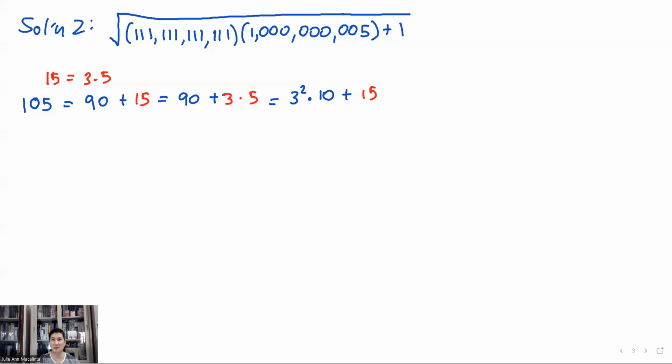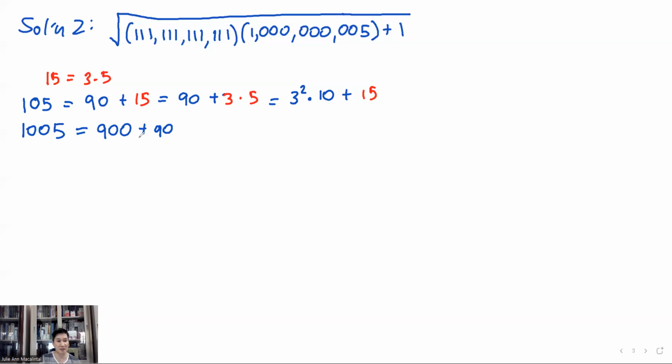And I scaled it up, like I added 2 zeros in between the digits 1 and 5. 1005. So this becomes 900 plus 90.